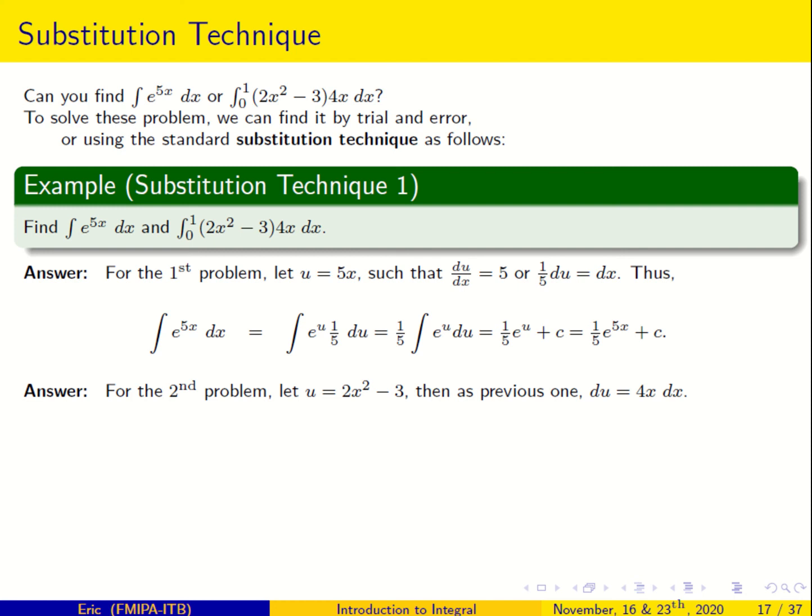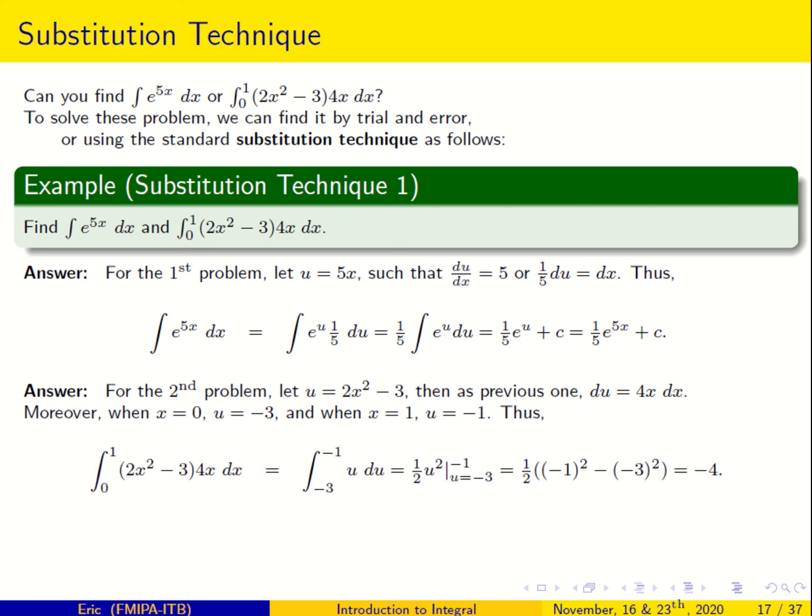Oh, don't forget the boundary of the integral changes also. The limits are x equals 0 and x equals 1. So what about u? When x equals 0, u equals minus 3. When x equals 1, u equals minus 1.